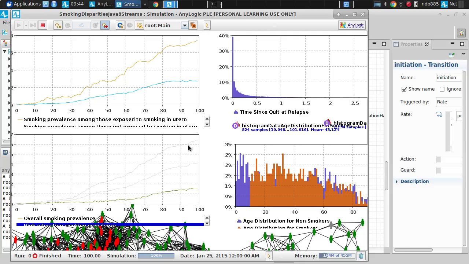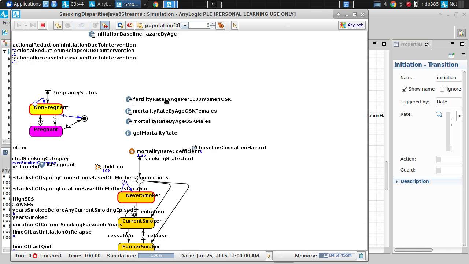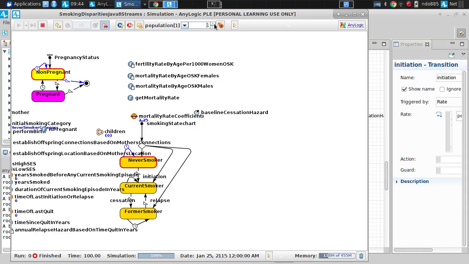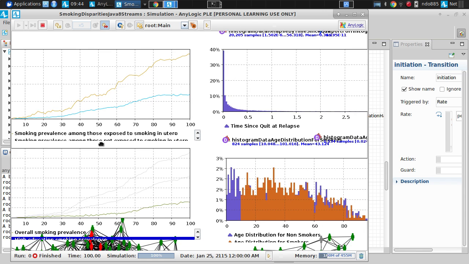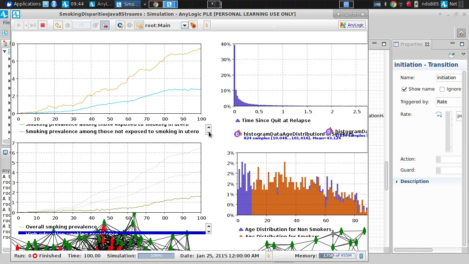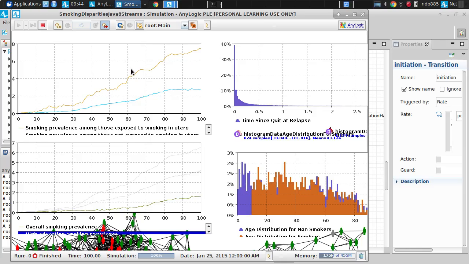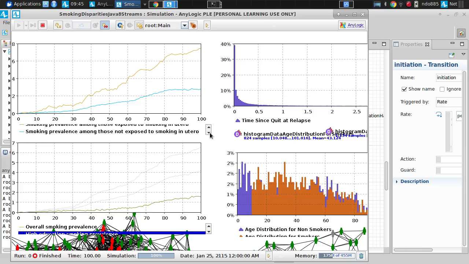It's taking all the details about what particular state someone is in, this person is a non-smoker, the next person may be a current smoker, and taking that across the entire population of people, and summarizing this in a variety of graphs over time. So you'll notice, for example, up here in the upper part, we see smoking prevalence among those exposed to smoking in utero versus among those not exposed to smoking in utero. So of those who were exposed in utero, what fraction are currently smoking?